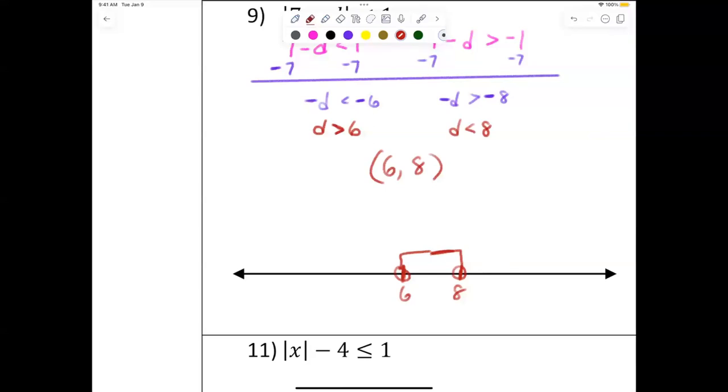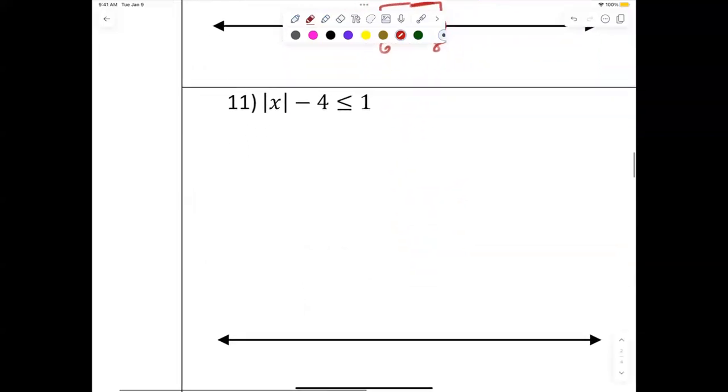All right, now everybody's got to take a look at 11 and say what's wrong with 11. Palmer. That's right. You need to add 4. That is correct. You have to isolate the absolute value. If you forgot that rule, make sure you write it down.